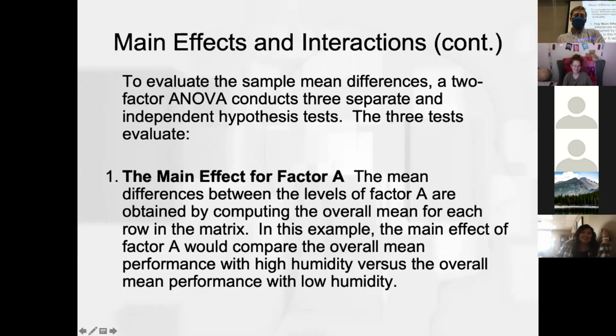All right. So to evaluate the sample mean differences, a two-factor ANOVA conducts 3 separate independent hypothesis tests.